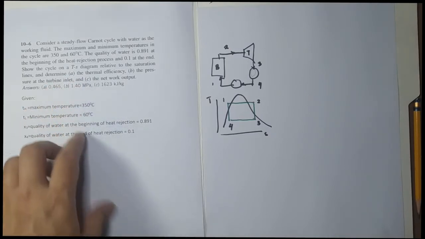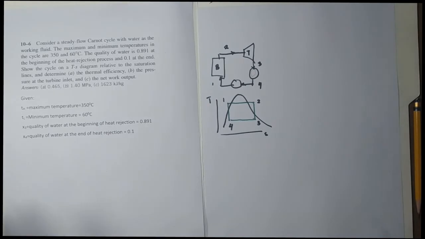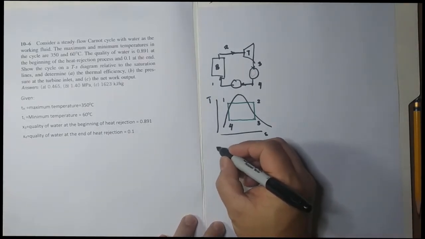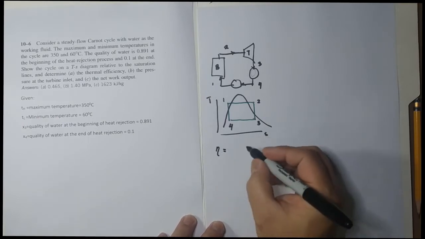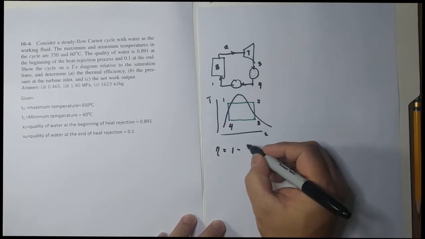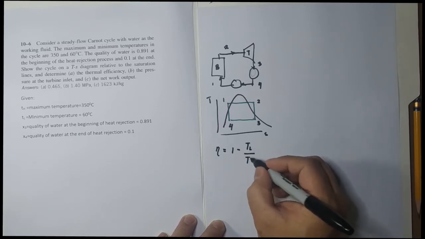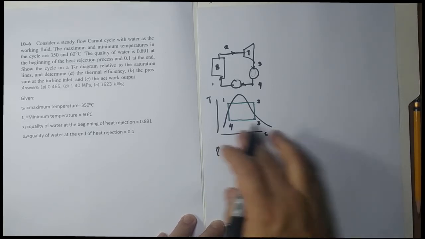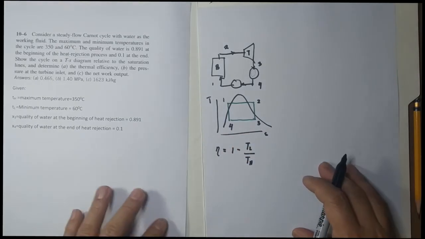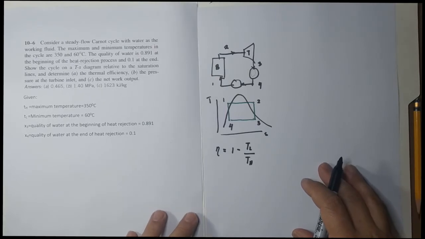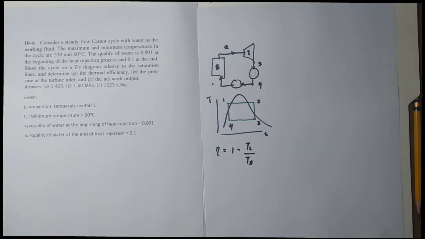First is the thermal efficiency. The thermal efficiency for Carnot cycle is this one. The formula is 1 minus TL over TH, the low and high. This equation was derived in term 1, so I will not derive it in this lecture. But this is the derived equation for the Carnot cycle.